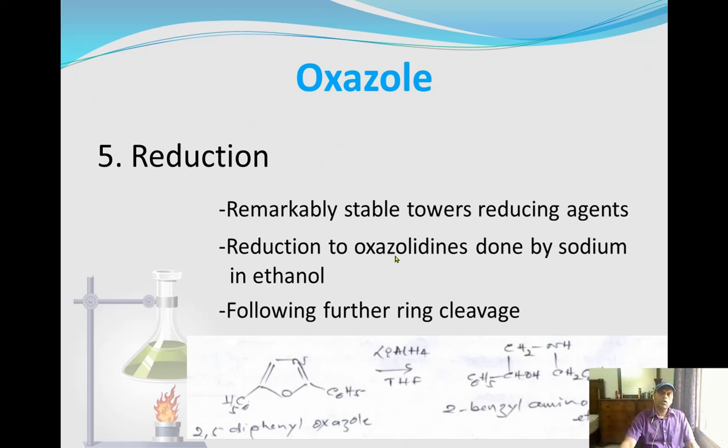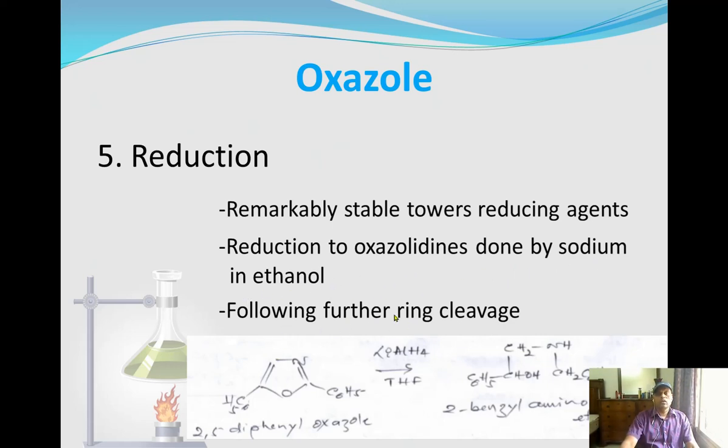So first partial reduction gives oxazoline. The next partial reduction gives oxazolidine. So you can get oxazolidines by the action of sodium in ethanol.